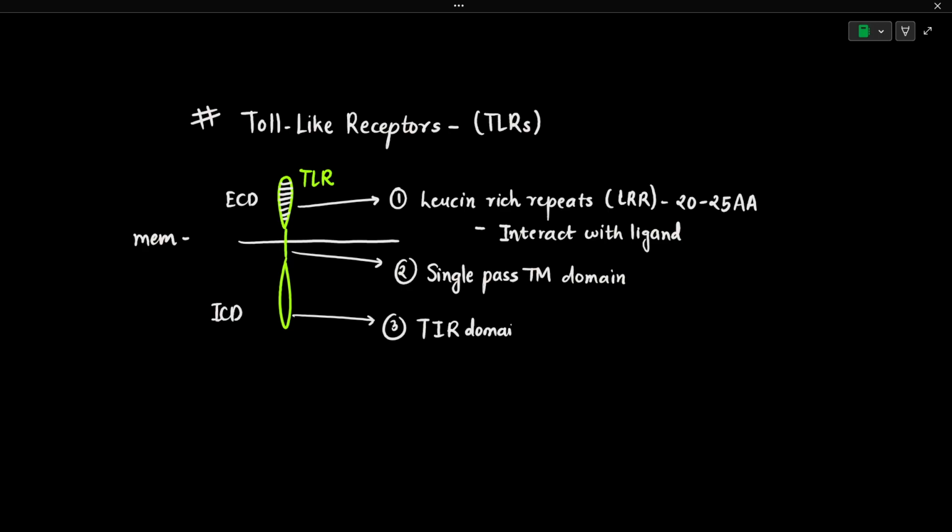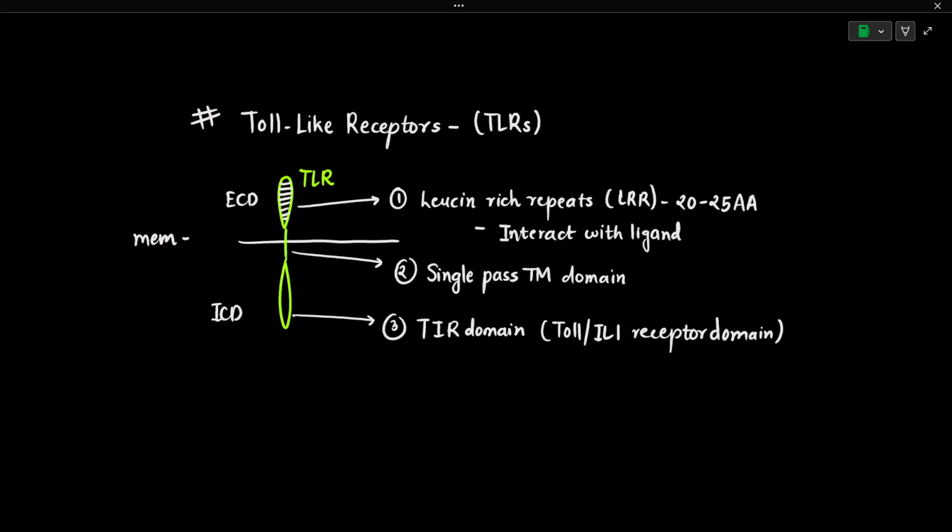TIR means toll IL-1 receptor domain. The receptors for IL-1 have this intracellular domain, and toll receptors resemble that domain a lot, which is why it is referred to as the TIR domain. The TIR domain is really important because it is the one which initiates the signal transduction.